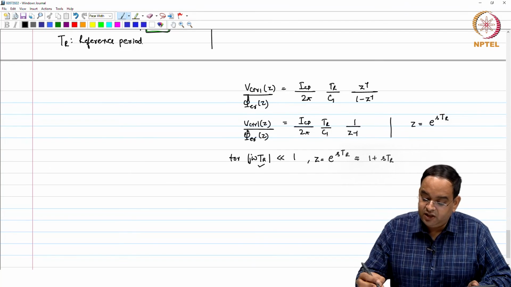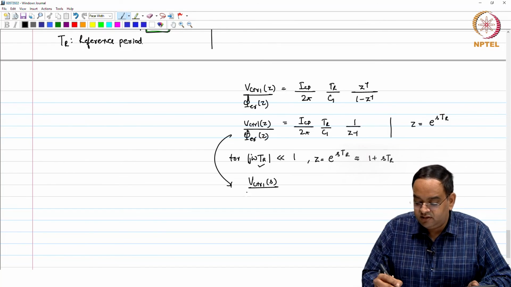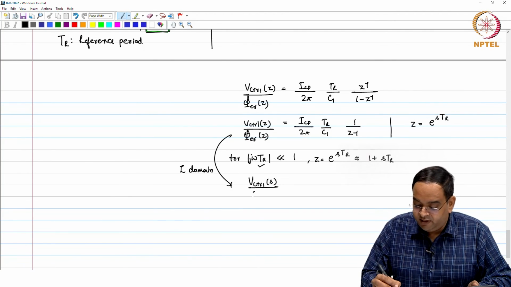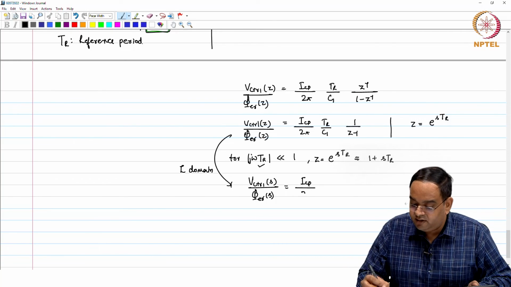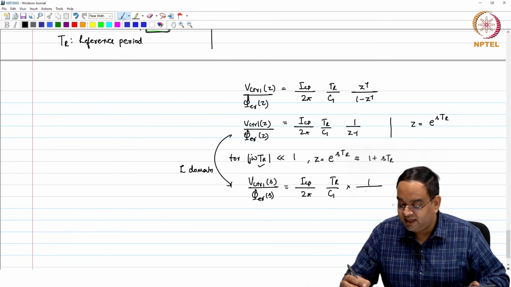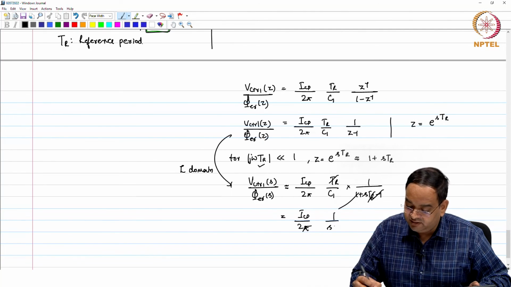Under this approximation, I can convert this into the S domain, the Laplace domain, and write V control of S by phi error of S as ICP by 2 pi, TR by C1 into 1 over (1 plus sTR minus 1), the 1 goes off. So, this is equal to ICP by 2 pi, TR gets cancelled, into 1 over sC1.